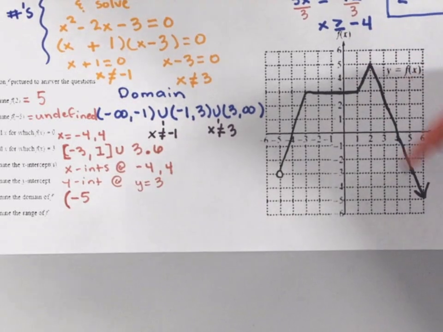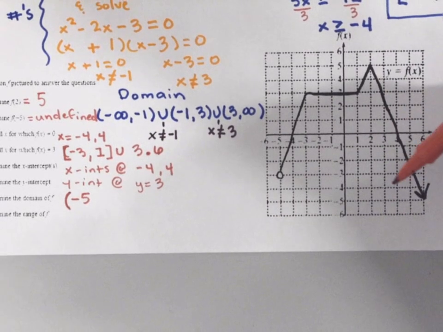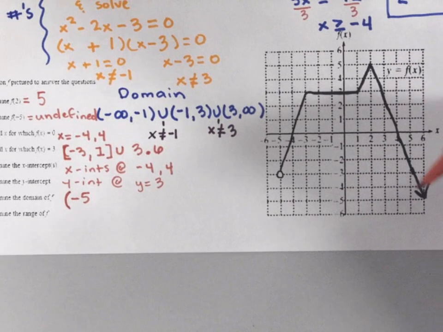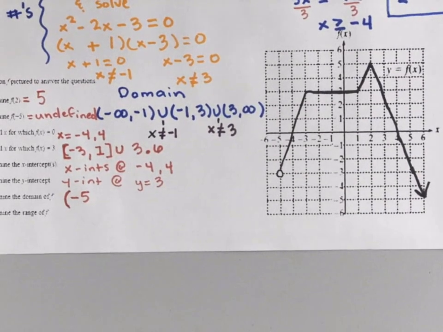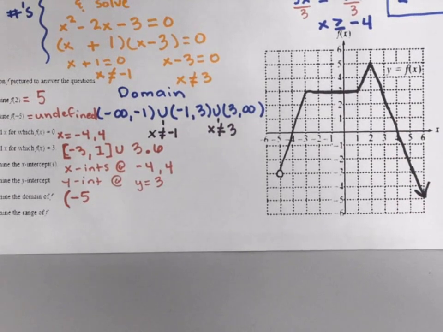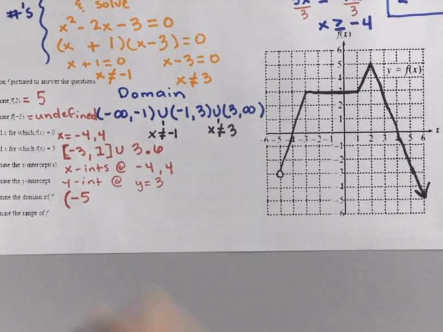What's happening as I go to the right? It keeps going which way? We're talking left to right for the domain, so this arrow, is it going right, or would I say it's going down? It's going right, because I'm talking about the domain. I don't care that it's going down.